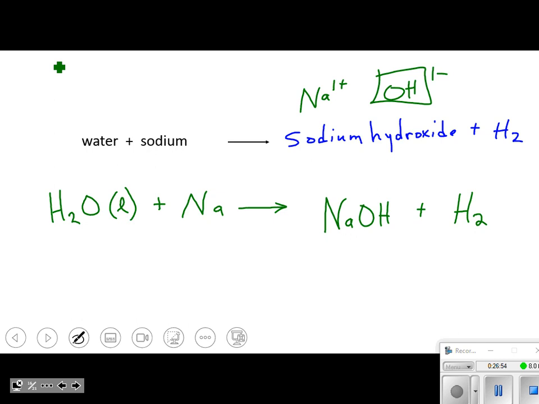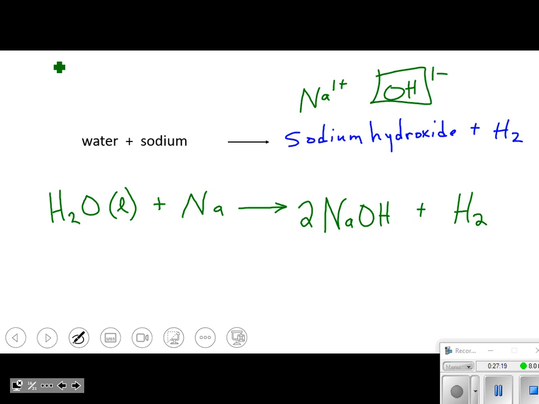Now, am I balanced? Christoph? No, correct answer. Okay? Because I can see right here, I have 3 hydrogens. I need to have an even amount of hydrogens.